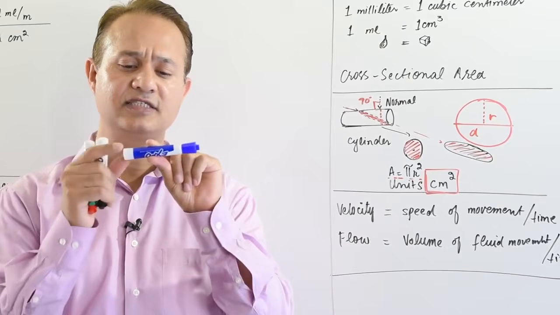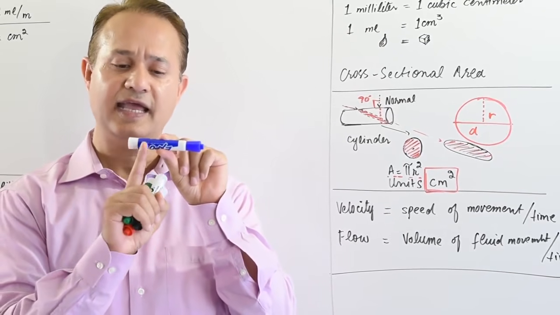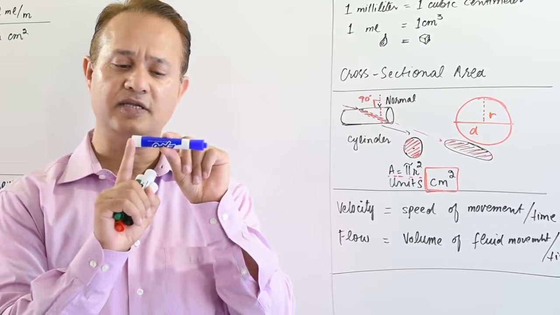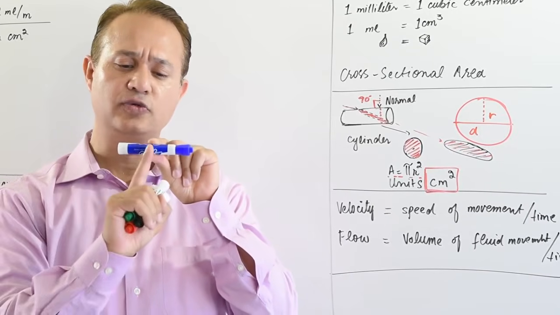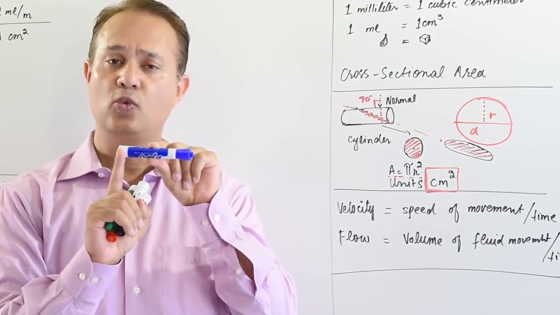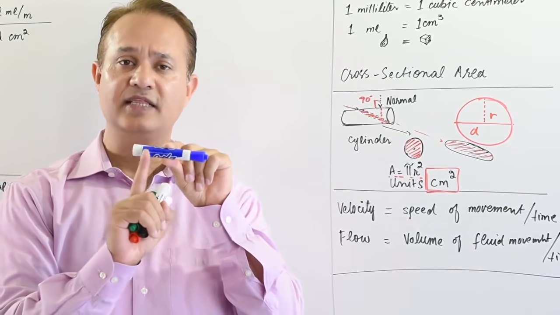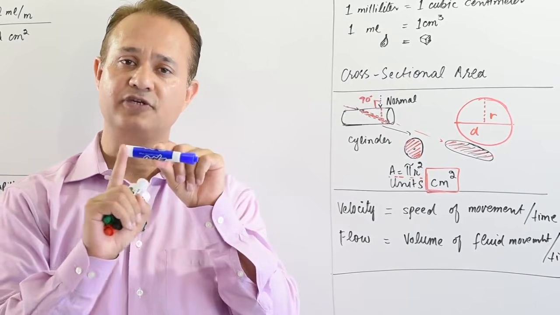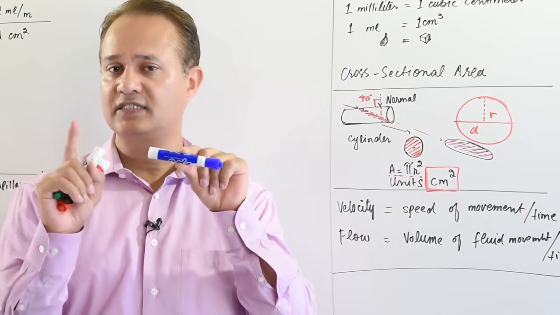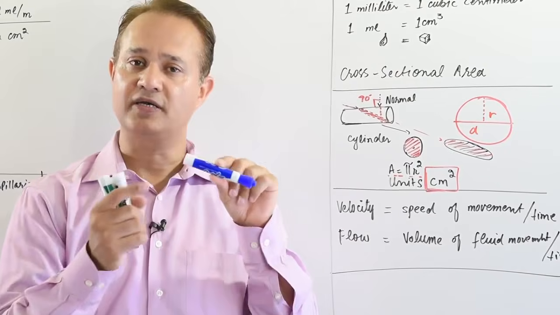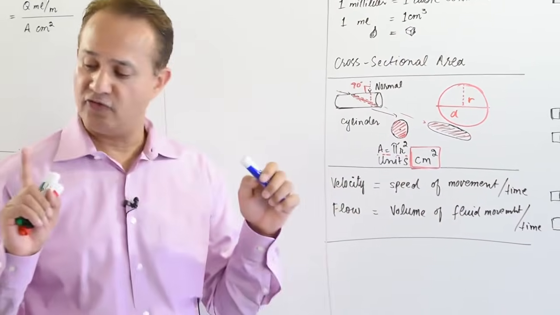So imagine if this is a pipe and this particle is moving in it, and this is 4 inches and this is 2 inch, and the particle speed is 1 inch per second. That means the whole pipe will be traversed in 4 seconds. So velocity is the speed of movement of a particle. It can be the speed of movement of a person, or of a particle.